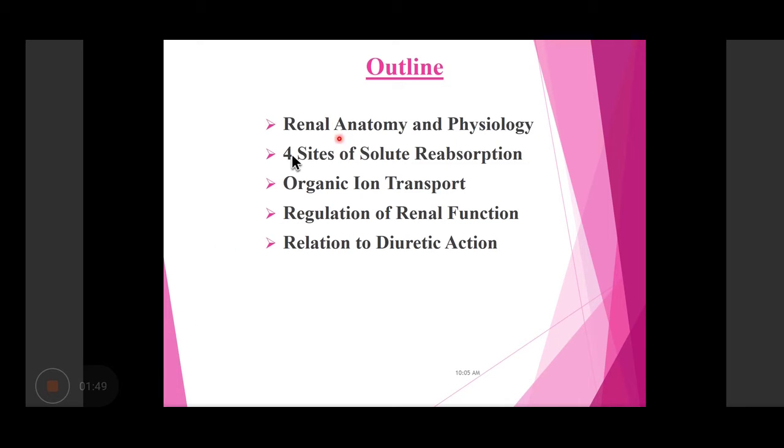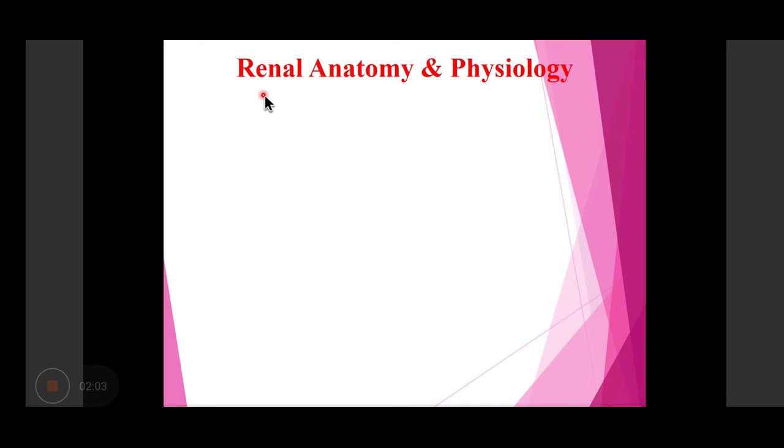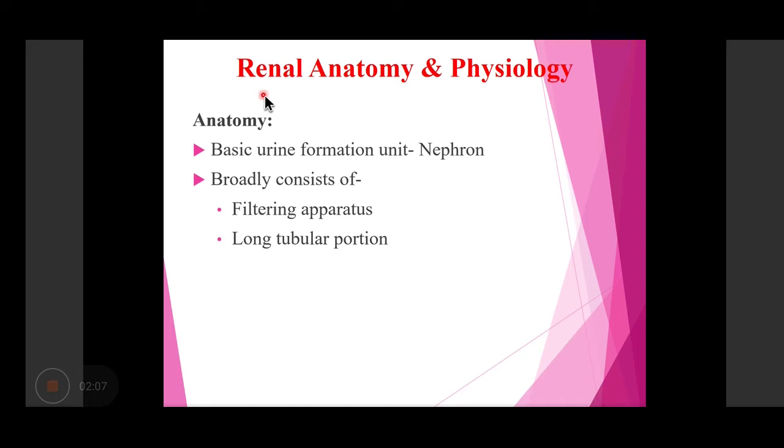So basically, this class will be a revision only of the various things that you've studied in your 12th grade and in your first year of MBBS. So coming to the anatomy first. I think everybody knows this, and maybe even in your pathology, you've covered it in much more detail.